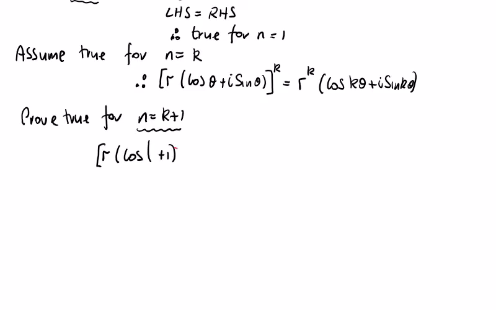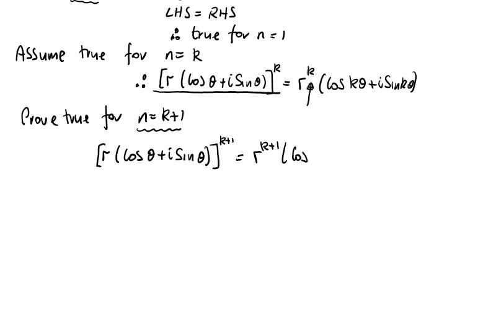I don't want to mix up the left and right, I'll keep to the left first. r by the cos of theta plus i times the sine of theta, all to the power of k plus 1. We have to show that that's equal to r to the power of k plus 1, this k becoming a k plus 1, by the cos of k plus 1 times theta plus i times the sine of k plus 1 times theta.